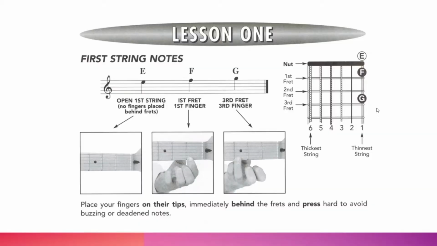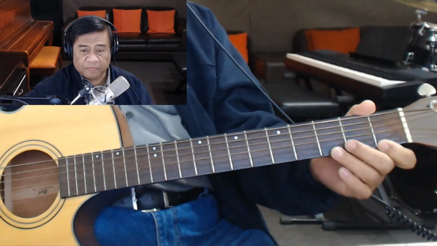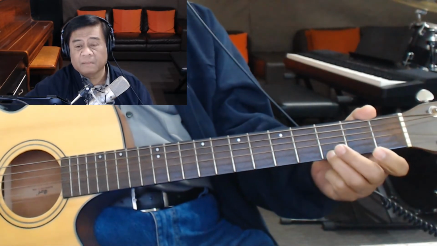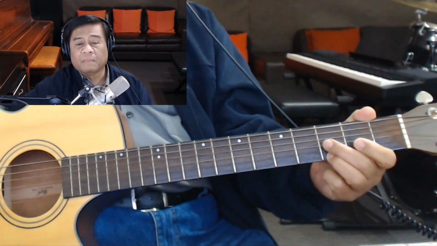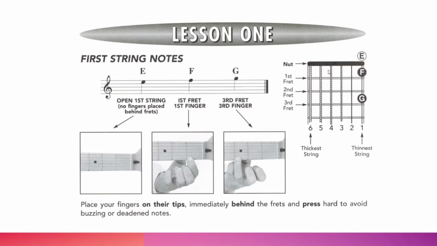And then for the G note, you use the 3rd finger on the 3rd fret of the 1st string. So it's very important to get familiar with all these 3 diagrams, because you're going to learn the names of the notes on the staff, which fret you're going to press, which string, and which finger you're going to use.